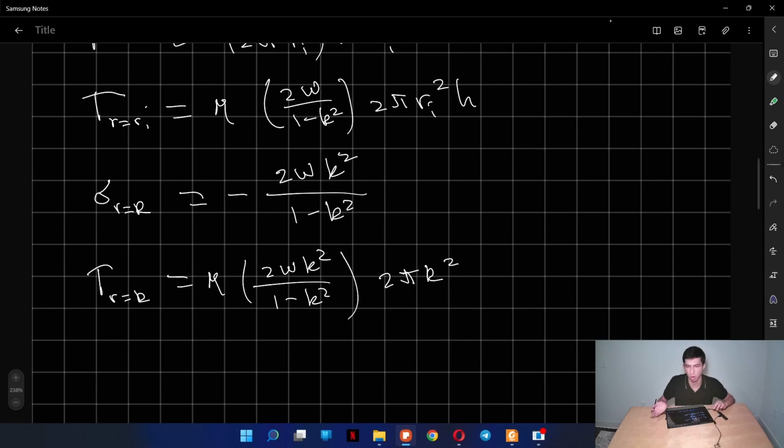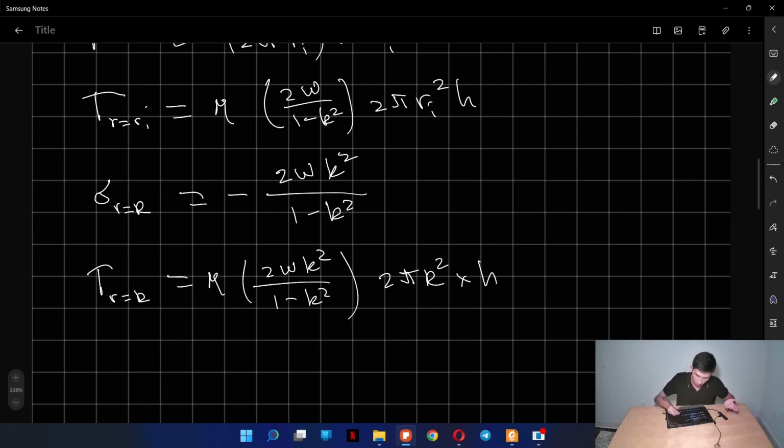So we multiply the circumference by the height and by the outer radius. I can just write it as R squared because we're multiplying by R twice.